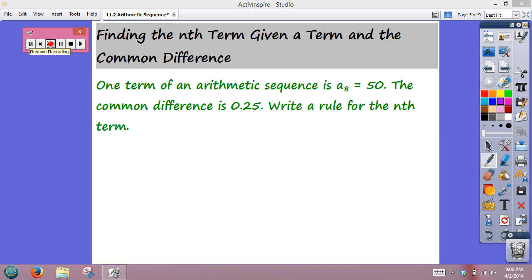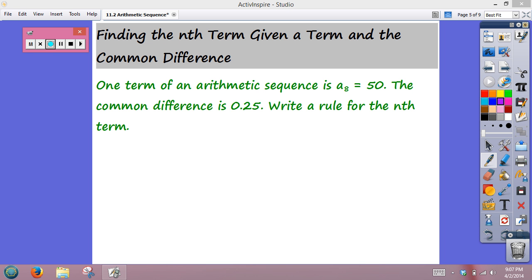Okay, the next thing we want to take a look at is finding the nth term given a term and the common difference. The example below states one term of an arithmetic sequence is a8 equals 50, and the common difference is 0.25. Write a rule for the nth term.